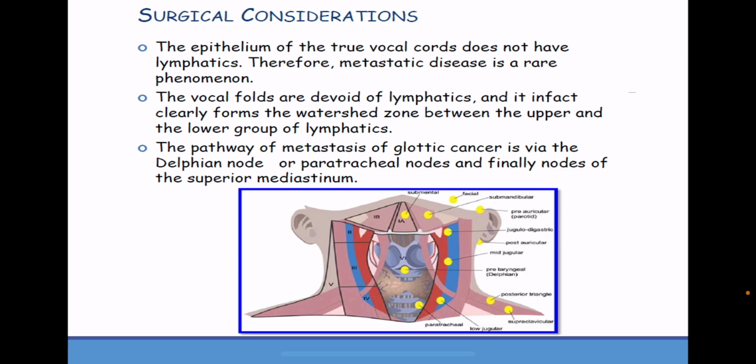The vocal folds are devoid of lymphatics, and in fact clearly form the watershed zone between the upper and the lower group of lymphatics. The pathway of metastasis of glottic cancer is via the Delphian node or paratracheal nodes, and finally nodes of the superior mediastinum.